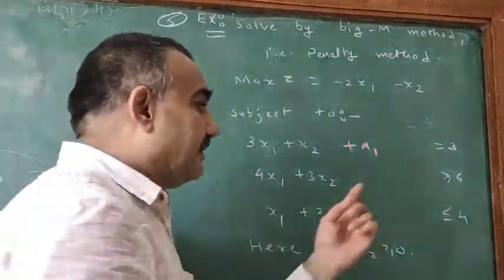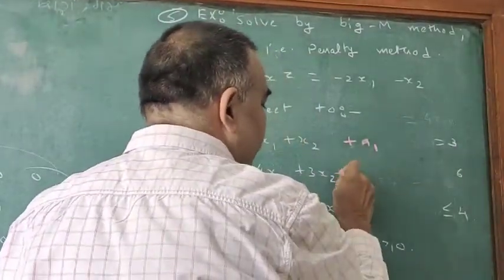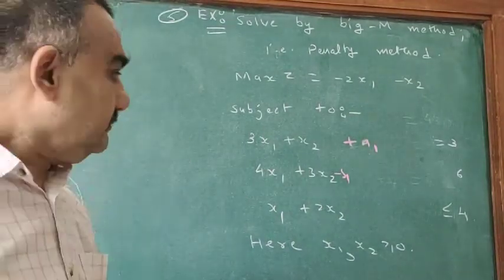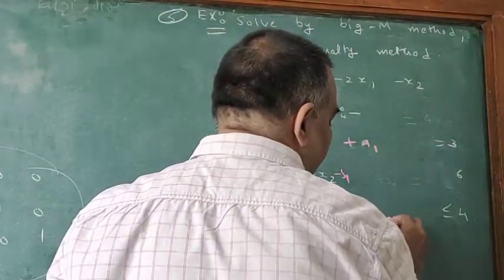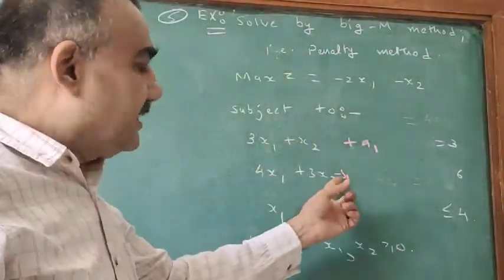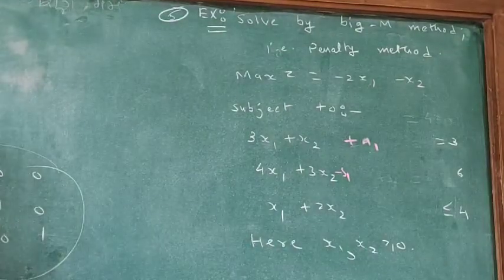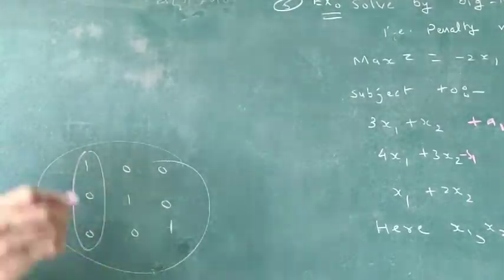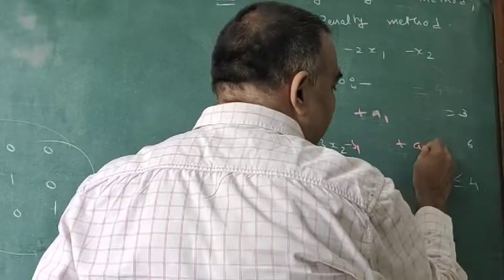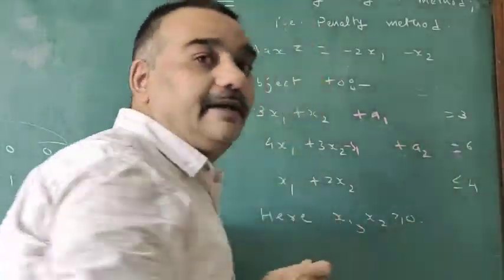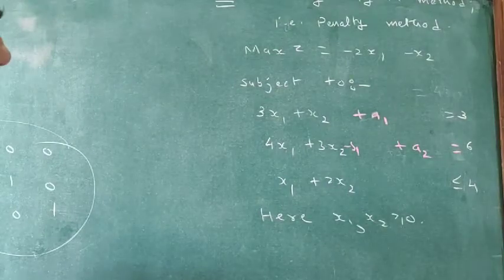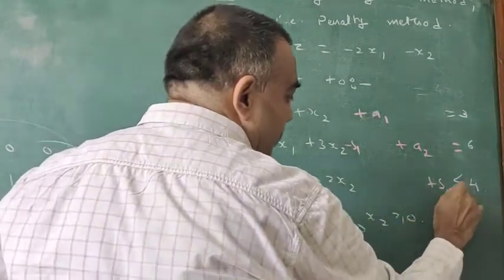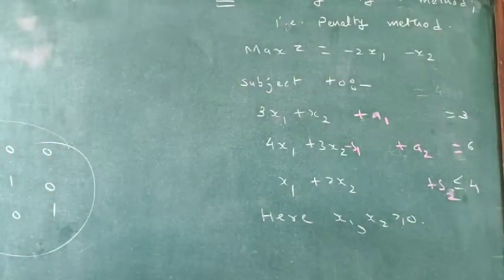Here it is greater than or equal to, so I introduce minus S1. This S1 is a surplus variable, and now minus S1 is there, but this satisfies for us: 1, 0, 0 is there, but there is no 0, 1, 0, and for that I introduce one more variable, and that is an artificial variable. I introduce A2, and in the third one I introduce S2, and this S2 is a slack variable.